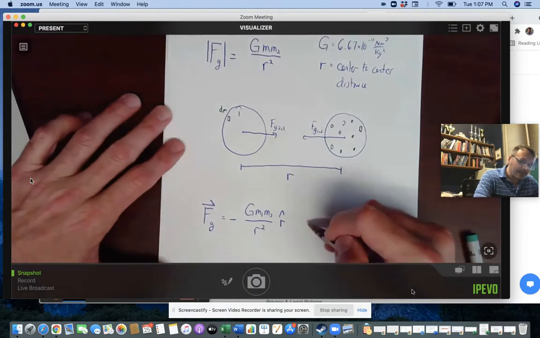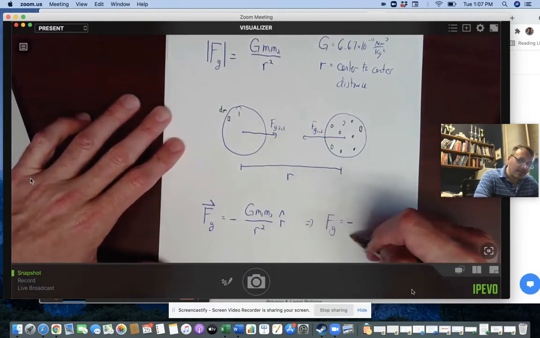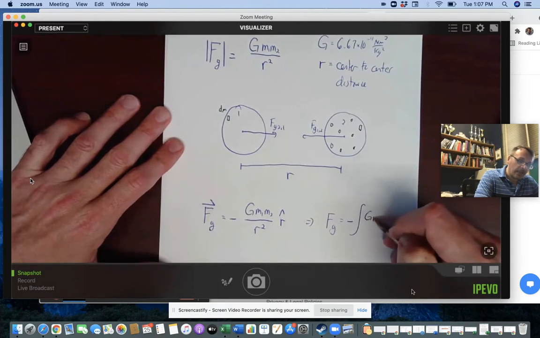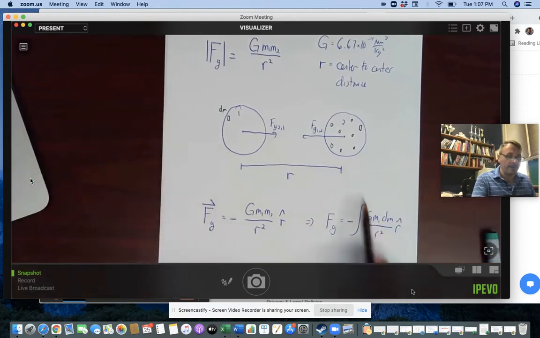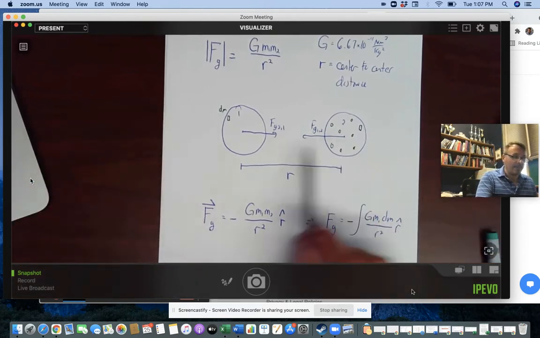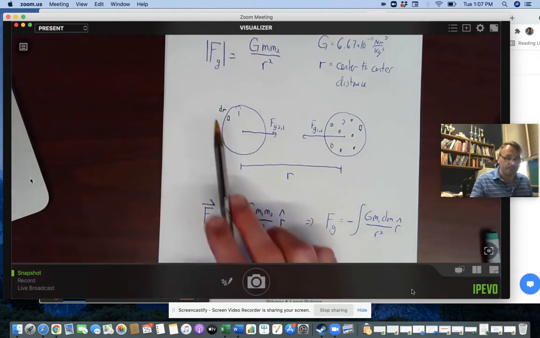So technically, if we're going to be really formal about this, Fg is equal to the negative integral of big G m1 dm over r squared r hat, where m1 would be the mass that is being attracted, and dm is the little bit of mass that is doing the attracting. Okay?